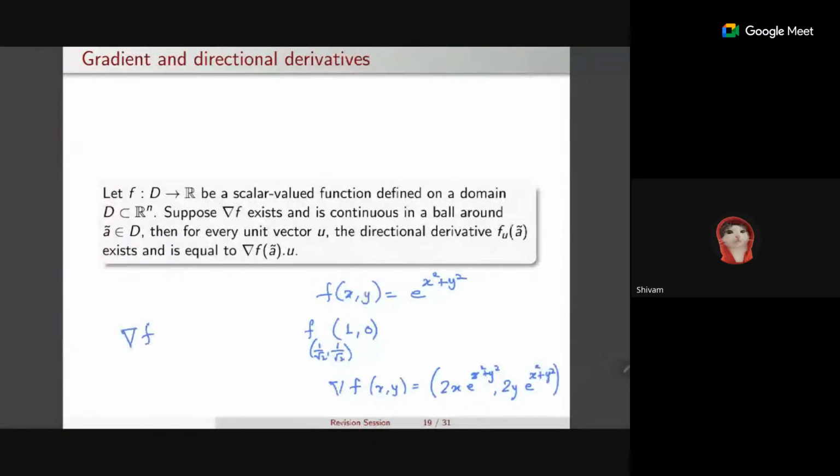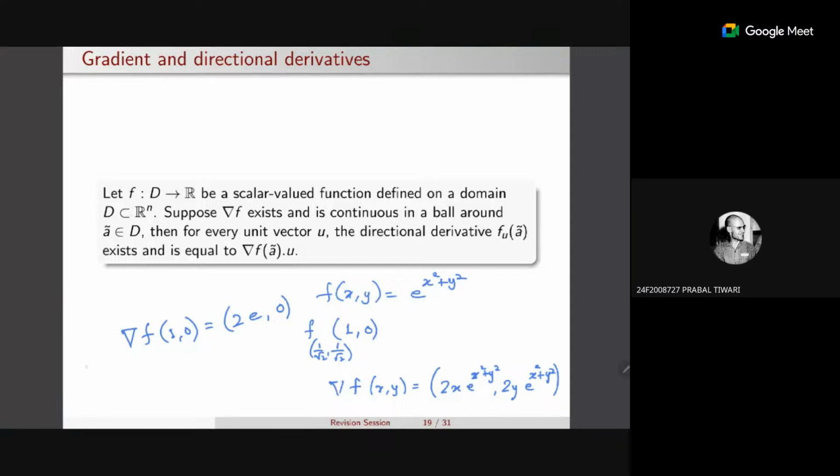So the gradient at the point 1, comma 0 is equal to 2e, comma 0. This is just the gradient I'm talking about.